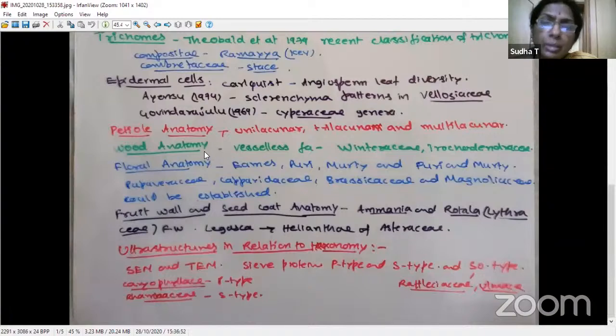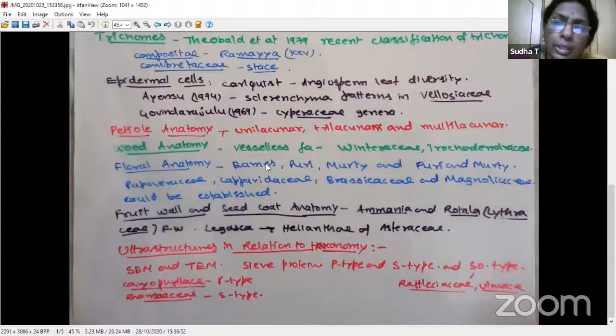Similarly, wood anatomy. In the last few slides I showed you the types of vessels, how they are arranged, and what the elements of the wood are. In gymnosperms, the wood is not a heavy wood, not a durable wood, because they have only tracheids, not vessels.